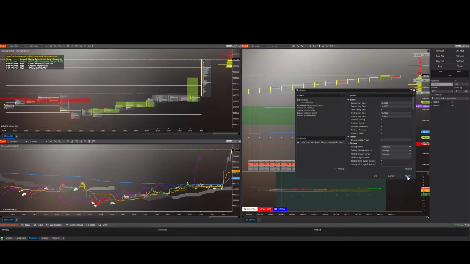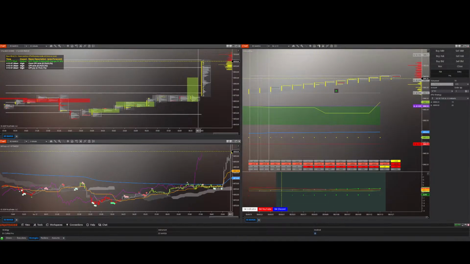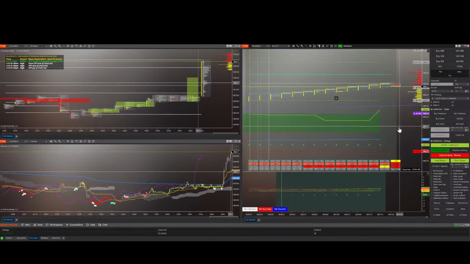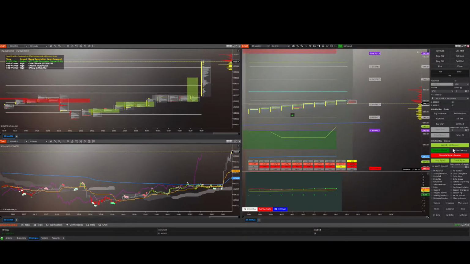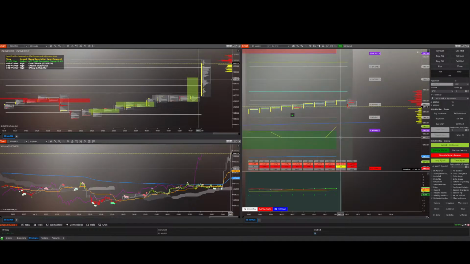Load. Okay. Here we go. Sorry about that. Let's see, are we loaded? Continuous. Long. I want my unfinished auction on there. Okay, there we are.